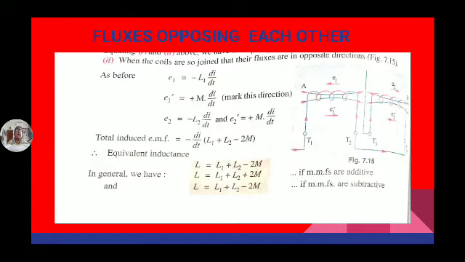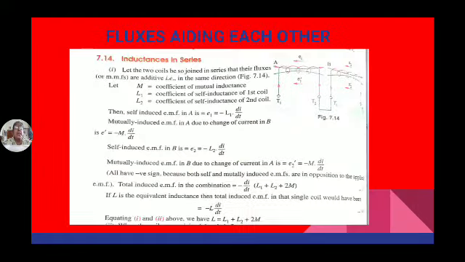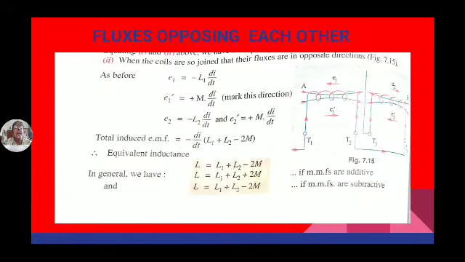Because they are connected in series, the magnitude of current passing through both the inductors is the same, but the direction is different in this case. When the current direction is different, definitely the flux direction is also different. So the flux developed in coil 2 is in the opposite direction to coil 1.